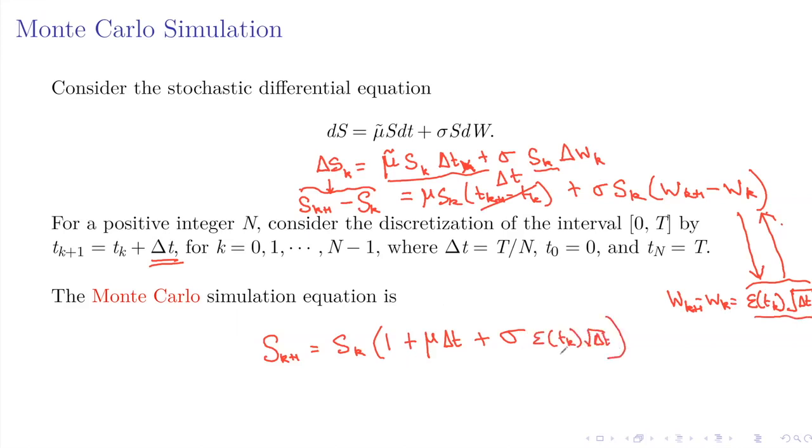That is the accumulation factor for the price that you paid for the stock at time t_k, and that gives you S_{k+1}.